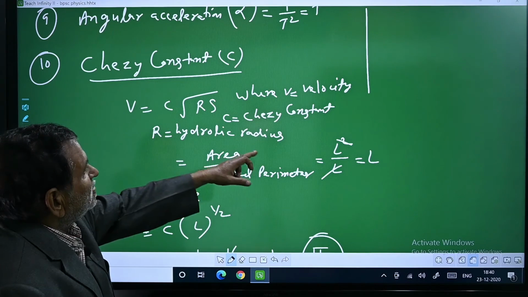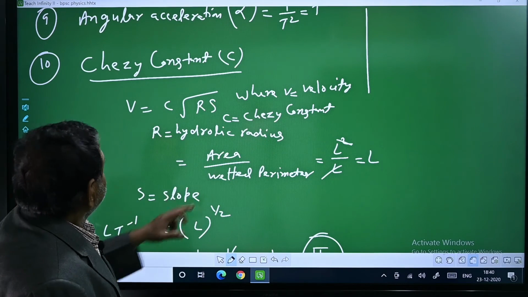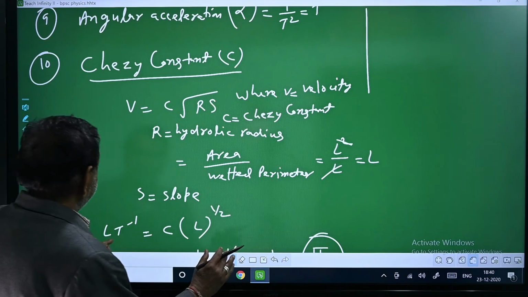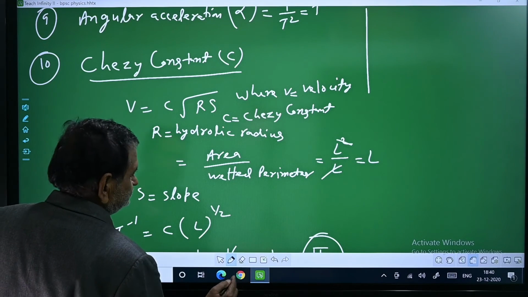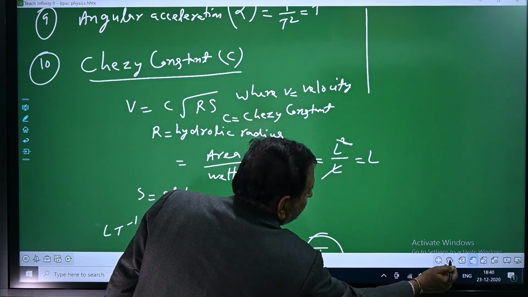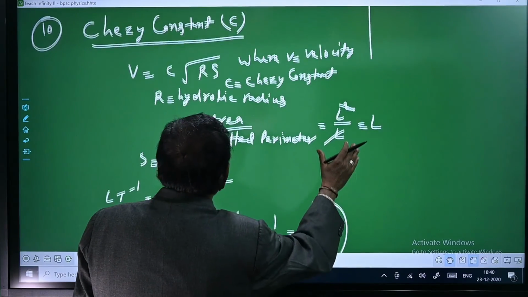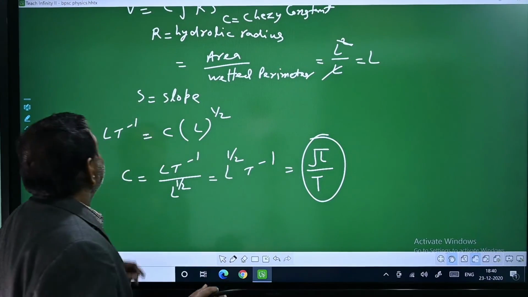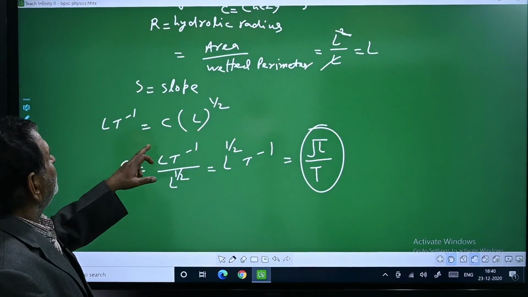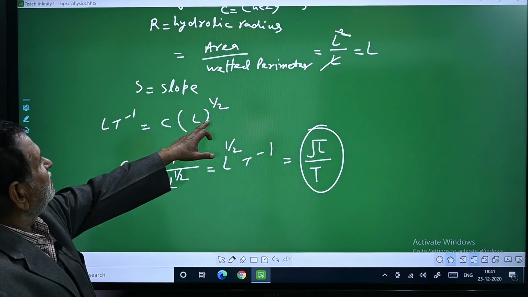So the dimension of velocity is L T^-1, and R is under root, so it gives L to the power half.